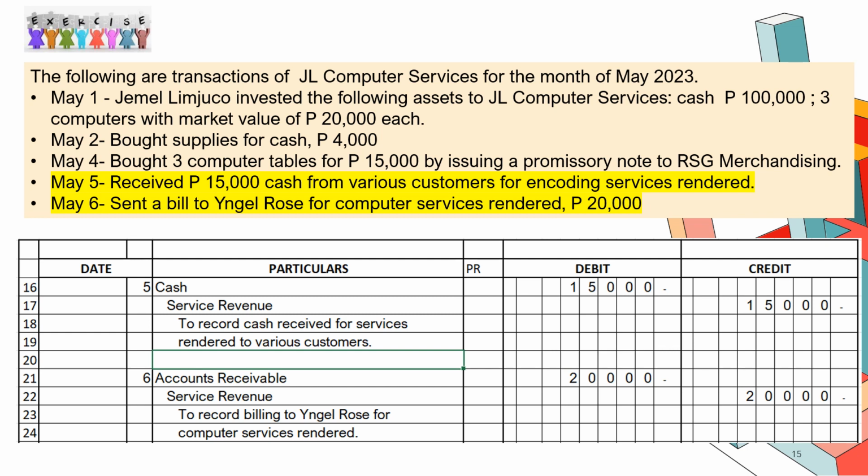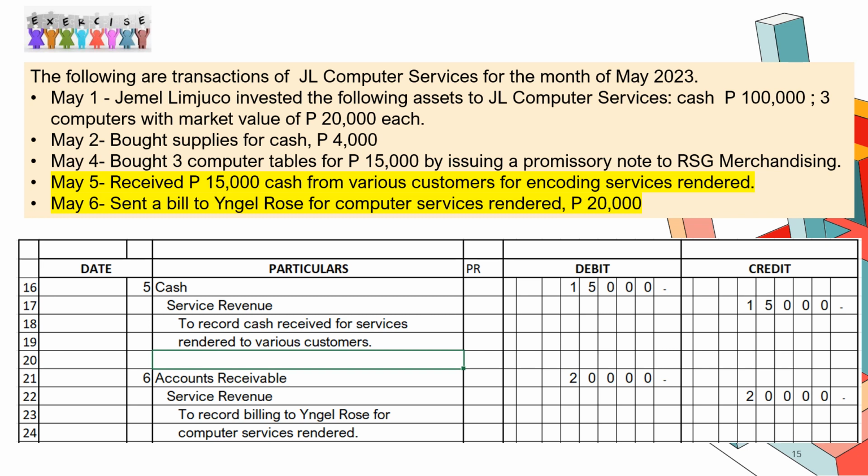Okay, that is May 6. Last transaction, sent a bill to Angel Rose for computer services rendered, 20,000. This is a revenue transaction. However, for May 6, JL Computer Services was not able to collect cash from Angel, but instead, the business sent a billing to Angel Rose.